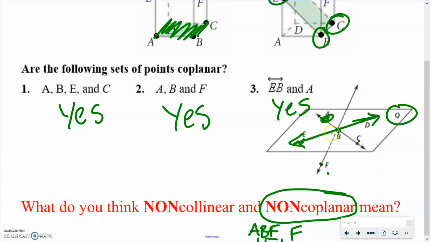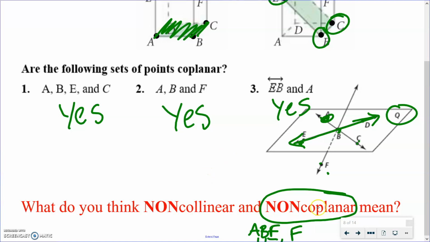Or A, B, and F are all on the same plane, but then point E is not, okay? Because you couldn't slide one piece of paper through, oh, and that's actually incorrect. How about A, B, oh no, that's right, sorry. A, B, E, and F would not be coplanar because you couldn't slide a piece of paper through them. And then something that's not collinear would be 3 points that do not make a line.